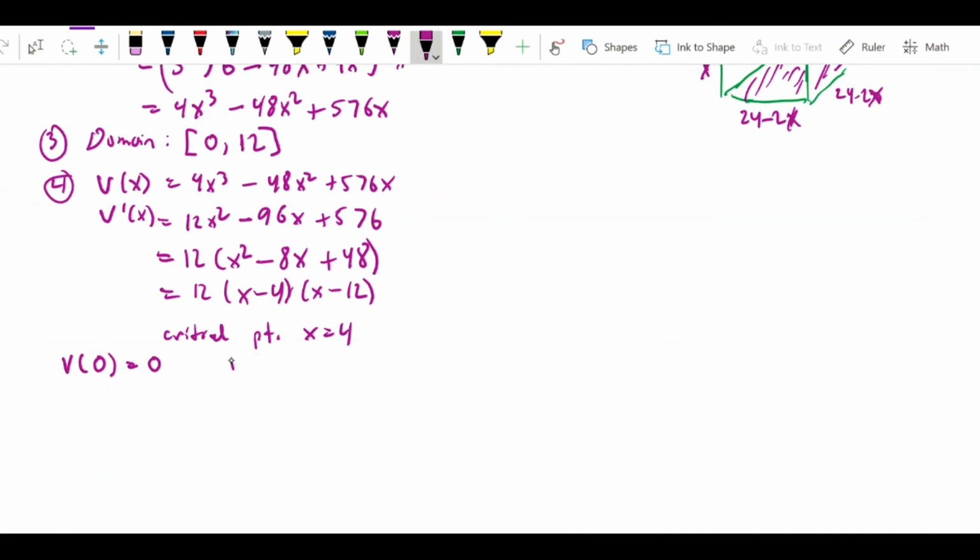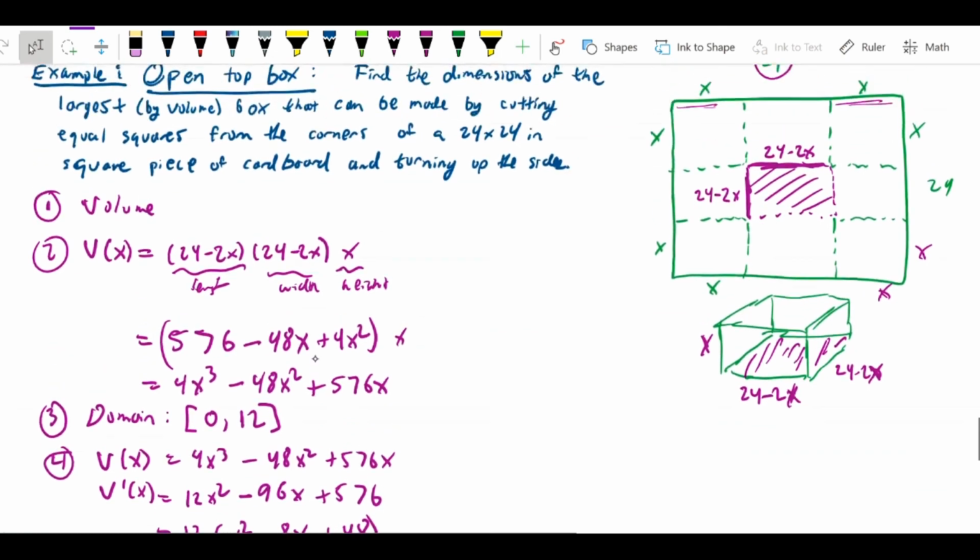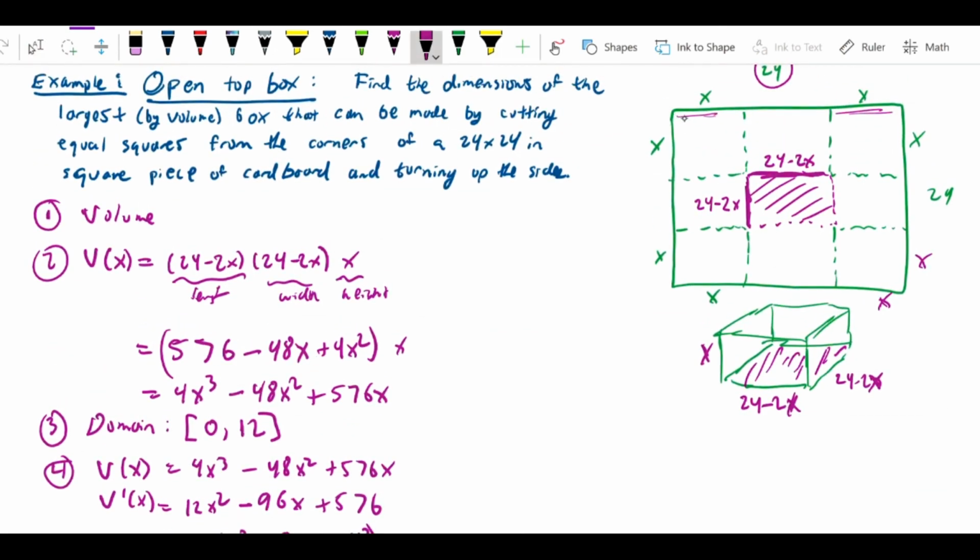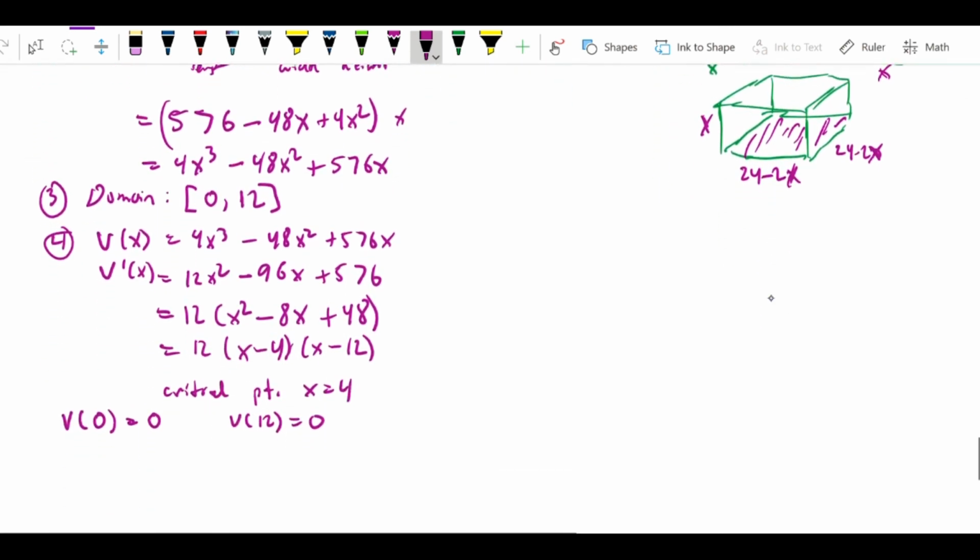So V of 0 is 0, V of 12 is 0, and that's completely what we would expect. If I don't take any cut out of the corners, then I don't have anything to produce the height of the box. If I cut up to 12, then I remove the entire piece of cardboard and there's no box left. So in both cases it makes sense that I'd get a 0 volume box.